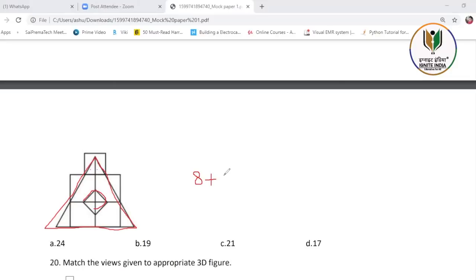Then you got 9 from the subsections. See, there are 2 different ones here, separate ones, and these 2, right? So there are 4 more. There are totally 21. See, this tip is not touching the square edge. That's why you are not considering these 2. Okay, be careful in that regard also.